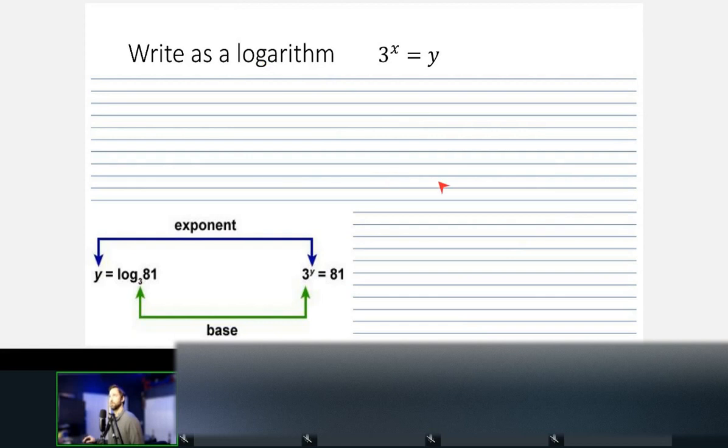What did everyone get for their answer in log form? So y equals log base 3 of x. Anybody else?